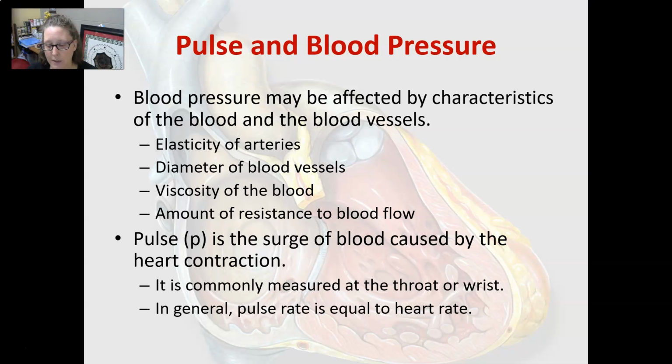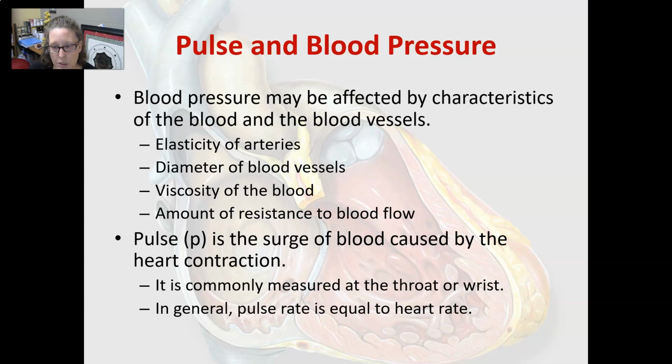So it's kind of the difference between, are we pushing watery fluid, or are we pushing thick viscous fluid? And the amount of resistance to blood flow. So things that can cause resistance to blood flow can be the diameter of the blood vessels, but also like plaque and other things that can accumulate on the inside in the lumen of the arteries.